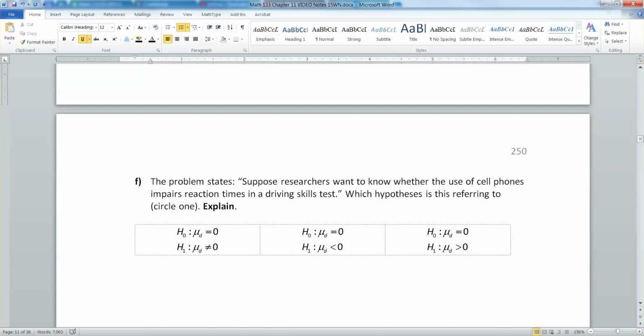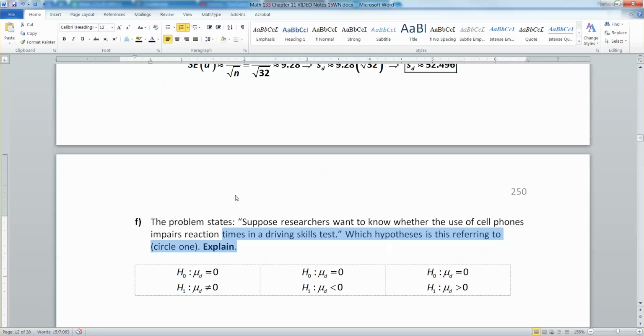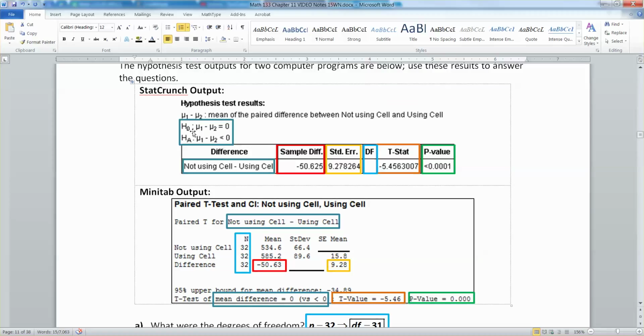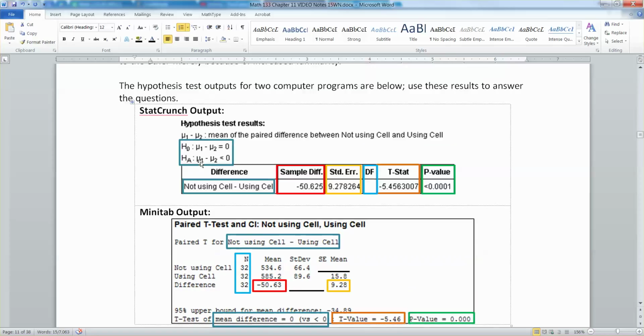All right, now in the problem it says, suppose researchers want to know whether the use of cell phones impairs reaction times. Impairs. So which hypotheses is that referring to? Circle one. Okay, so if we go back here, you can see it right here in that blue box. It says mu1 minus mu2 is less than 0 because we have not using cell phone minus using cell phone.